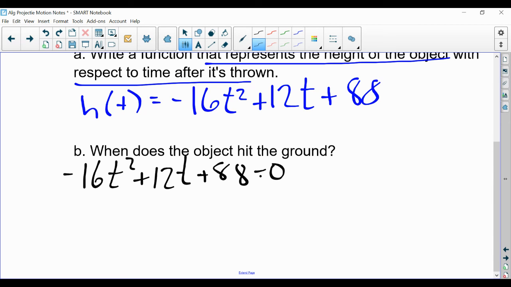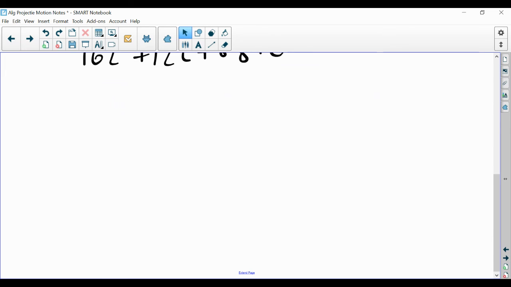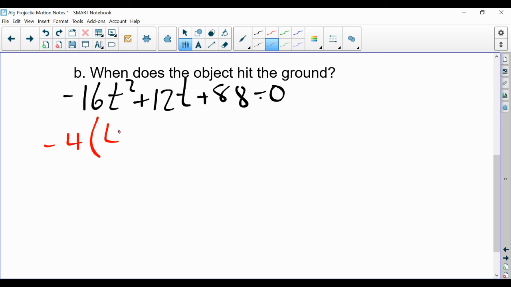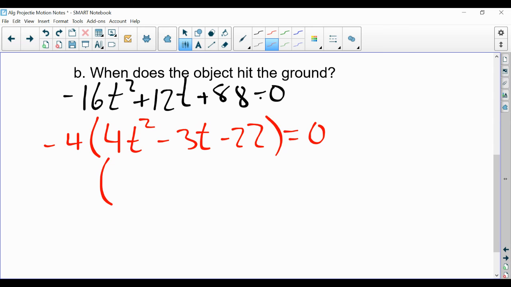And again, I'm going to factor out the GCF, which in this case is going to be 4, or negative 4. And then I'm left with 4t squared minus 3t minus 22 is equal to 0. All right. Let's do some guessing and checking, and hopefully this doesn't take too long.